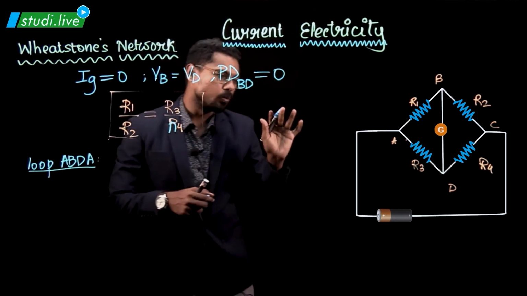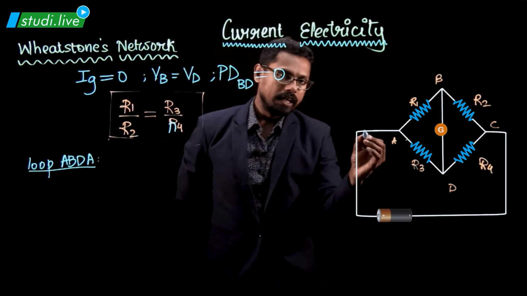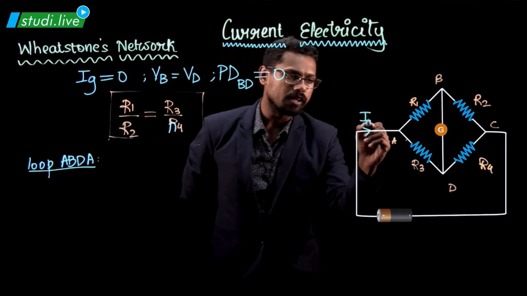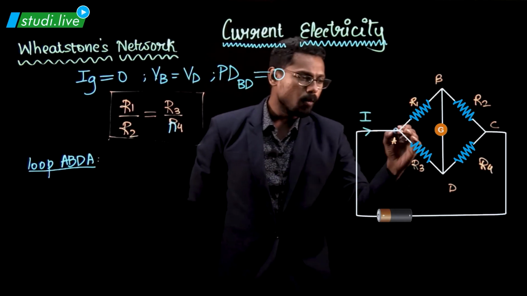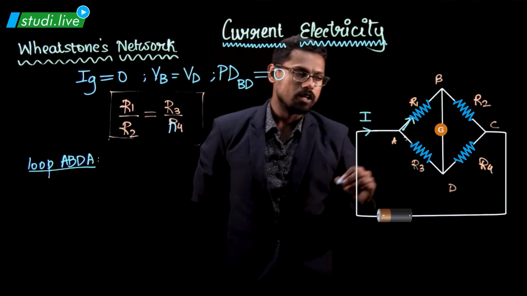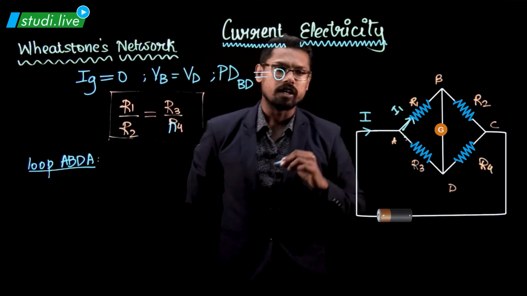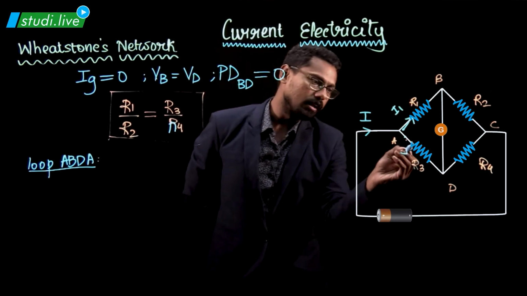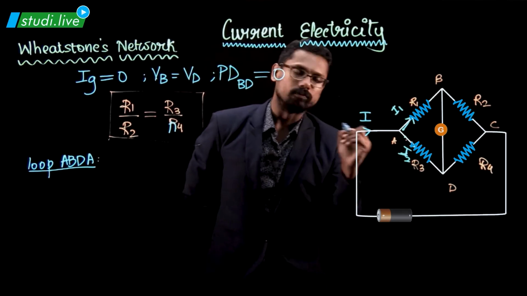Let's work with what happens here. In here, I assume there is a small amount of current I. At this point A, current divides into two parts. In the upper branch, the current that flows is I1, whereas in the lower branch, the current that flows is I2.